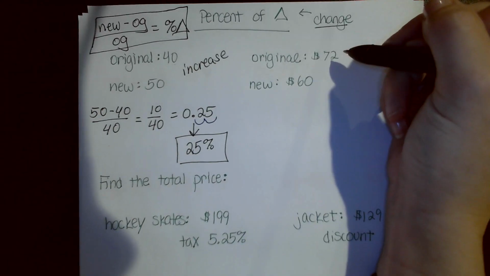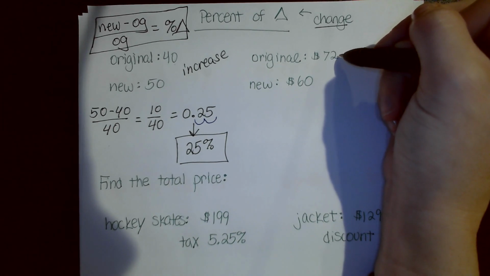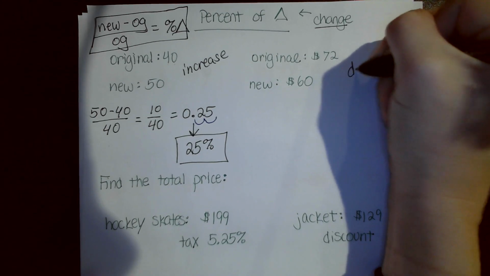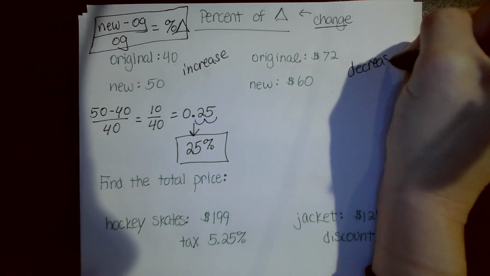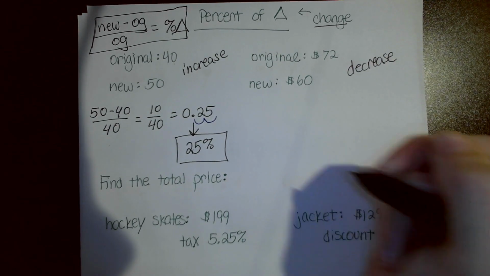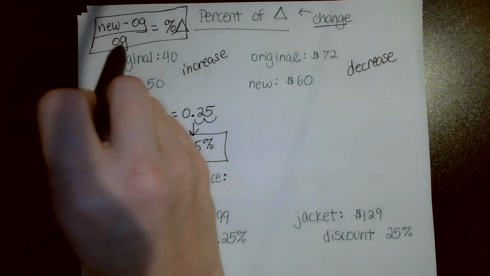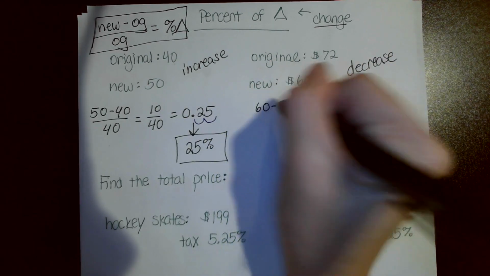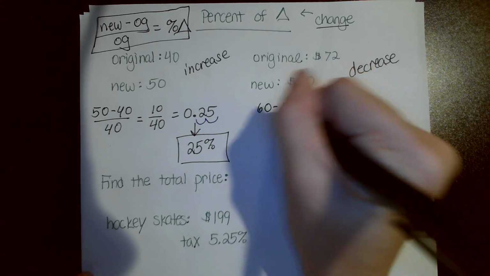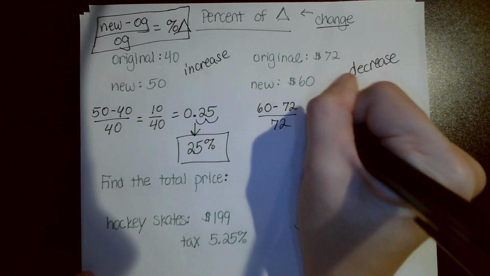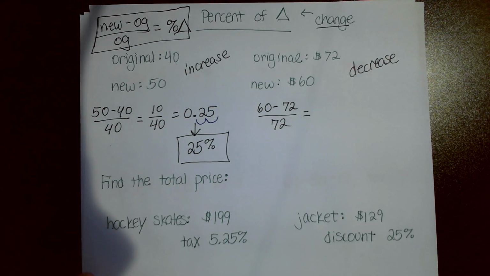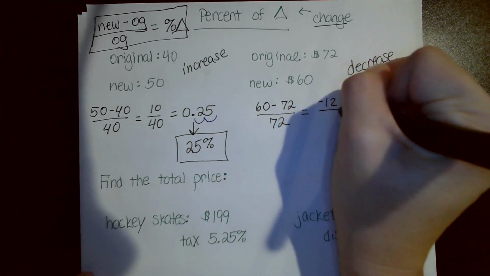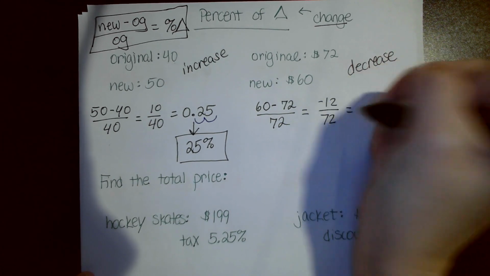So let's try the next one. This one we have starting with $72 and the new price is 60. So this was actually a percent decrease. We love those when we're shopping. So to figure it out, we follow the same formula. This time the new is 60 minus 72 over 72. So 60 minus 72 is negative 12 over 72.